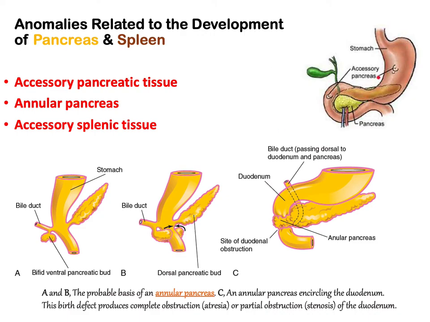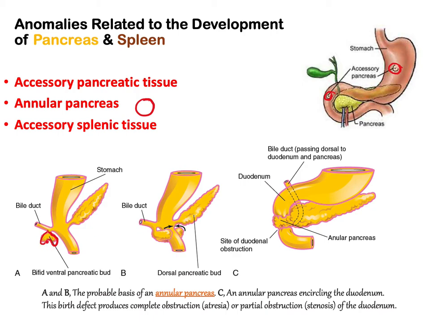Sometimes you get accessory pancreatic tissue on the duodenum and the stomach. Sometimes you get annular pancreas. What's the story of annular pancreas? Indeed, you remember the ventral pancreatic bud and the dorsal pancreatic bud. Now, the ventral pancreatic bud is split, like this, in two parts.